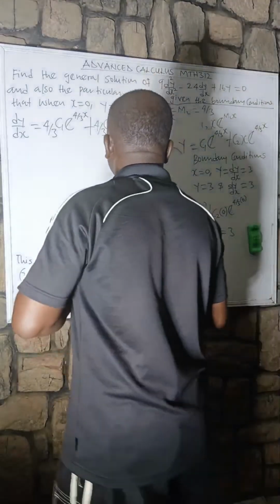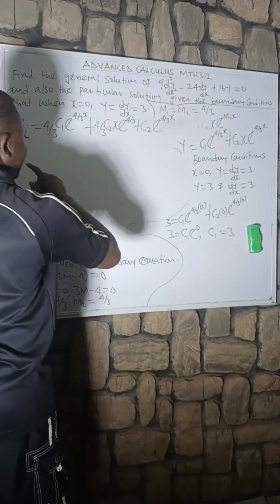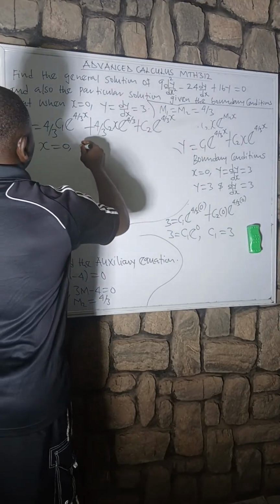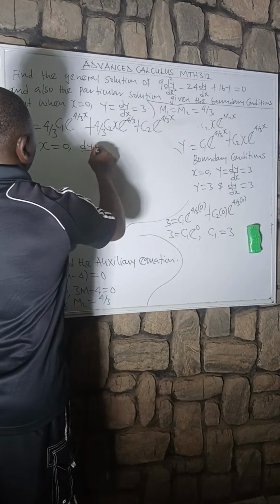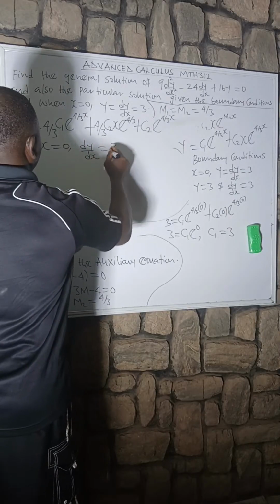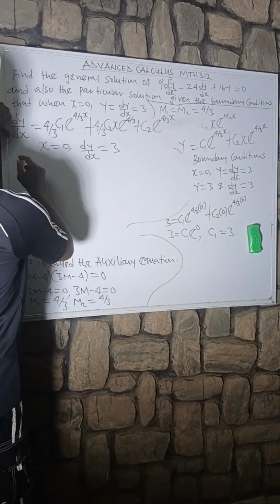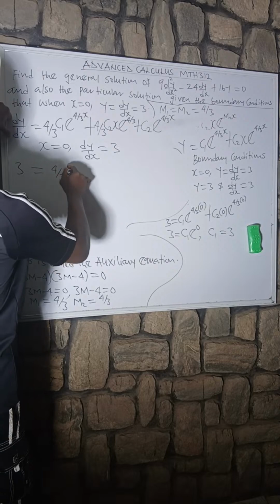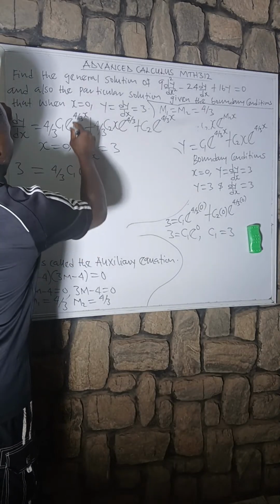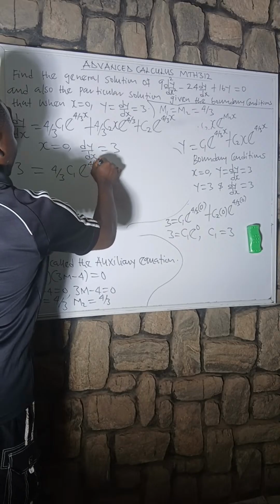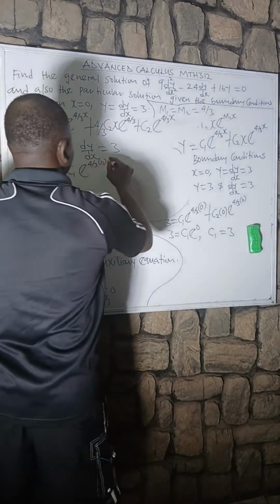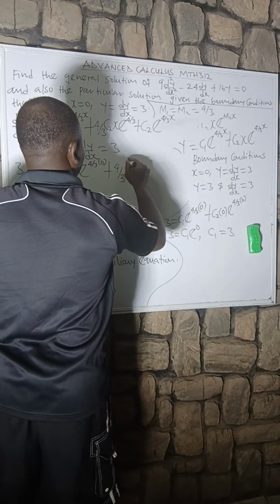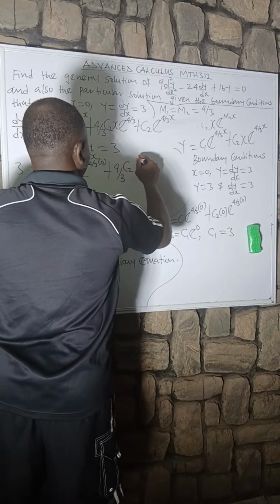Is that clear? So it means we have to introduce, recall that x equals 0, then dy over dx equals 3. So let's substitute in here. So here will be 3 equals 4 over 3 C1 exponential, x is 0, in place of all in bracket 0, then plus 4 over 3 C2, here will be what? 0.